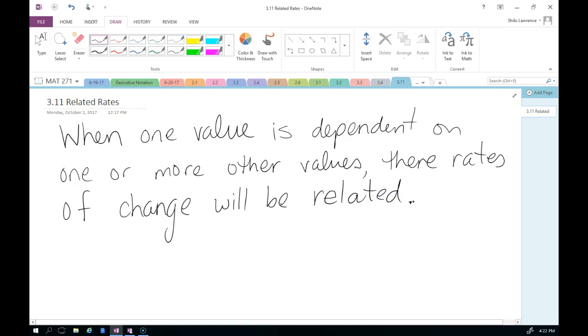So anytime we talk about rate, usually it's with respect to time. So we're going to be almost exclusively differentiating with respect to time here.